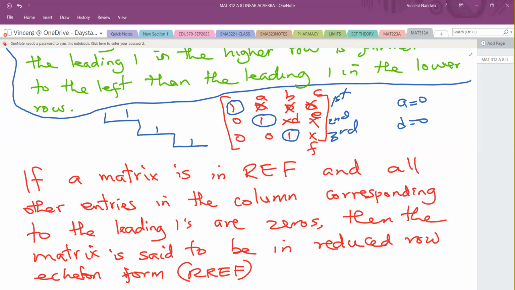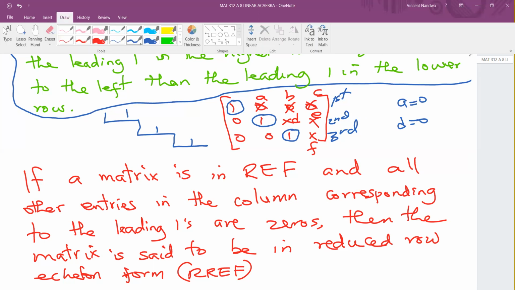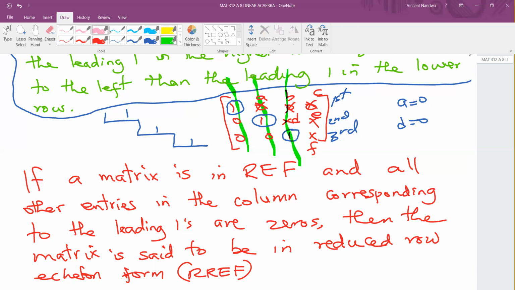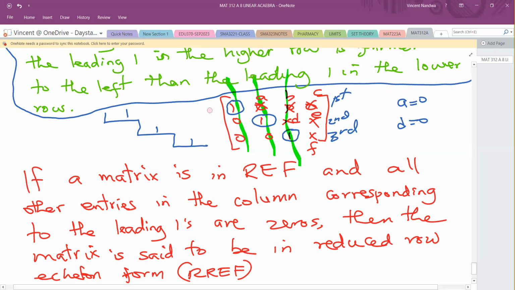So this is what I mean. Once we have identified the positions of the leading ones, we check the columns. These are what we call columns, not rows, and these are what we call rows.